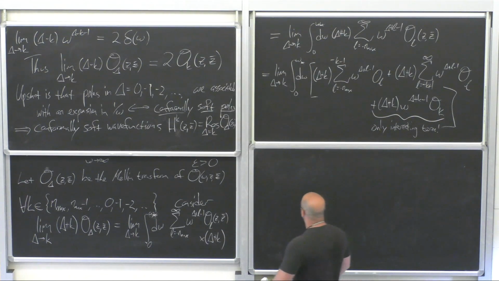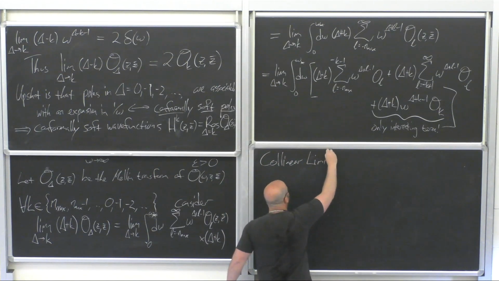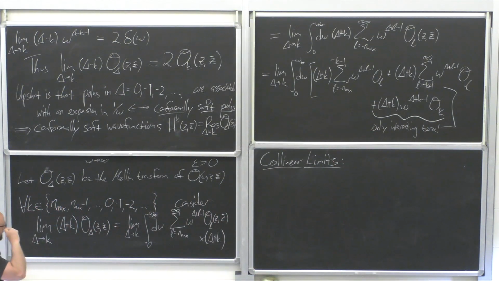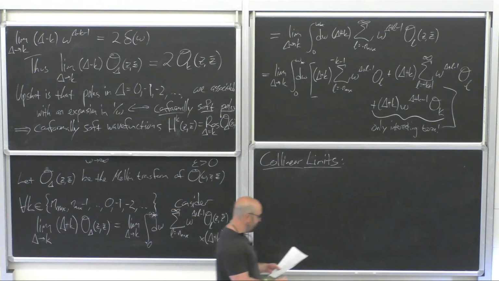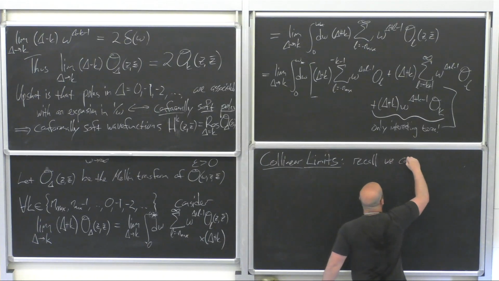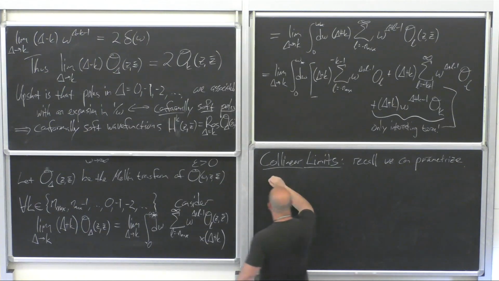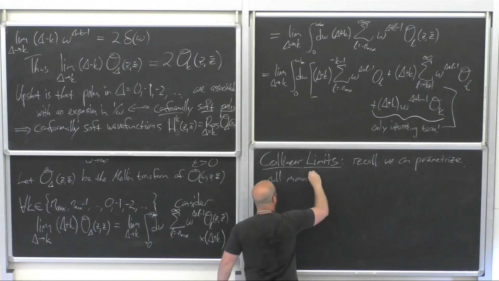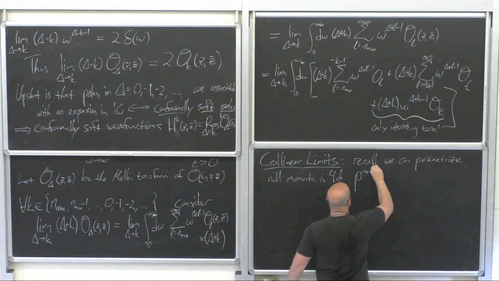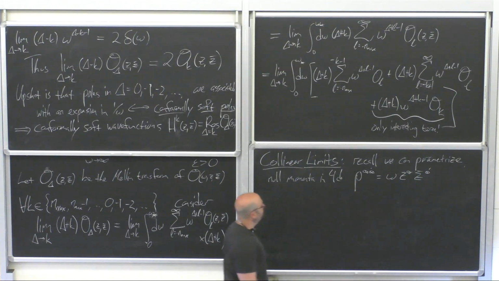So to do this, we need to talk about something called collinear limits. Now, if you're a scattering amplitudes person, this is something you do in your sleep. But let's suppose we're not all scattering amplitudes people. Recall we can parameterize null momenta in 4D with our favorite spinor helicity variables and a scale, omega.